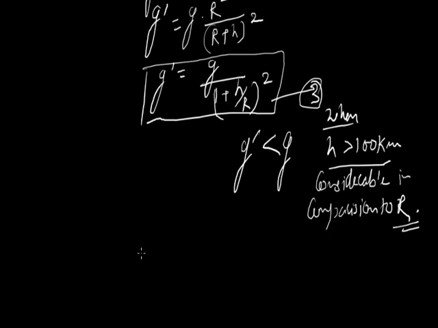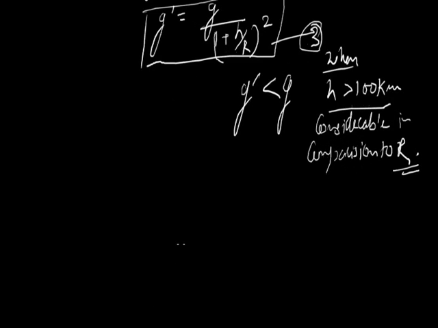Now what happens if h is really very small? Suppose I am dropping an object from 2 meter height. Then what is the variation between g and g dash at 2 meter of height? So we can further formulate equation 3 like this.